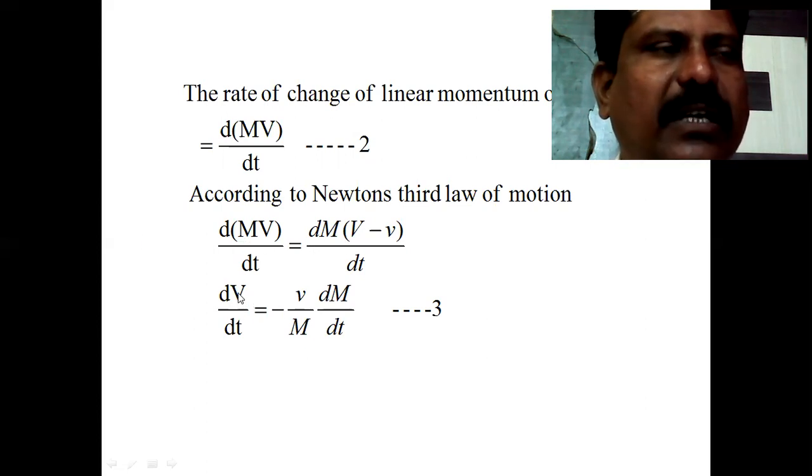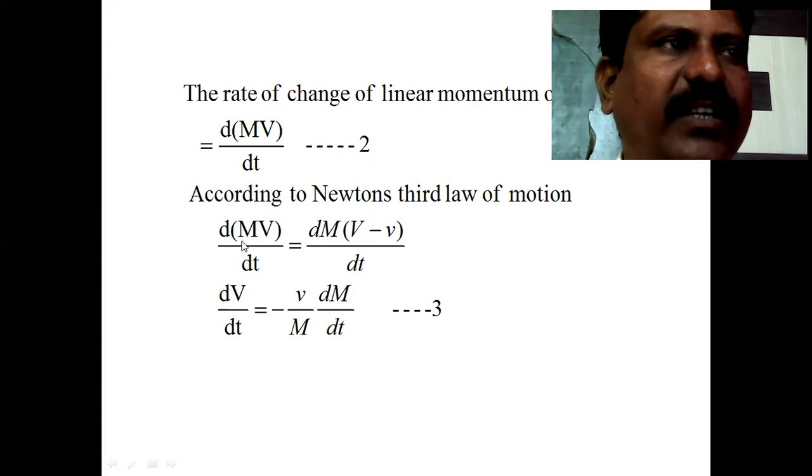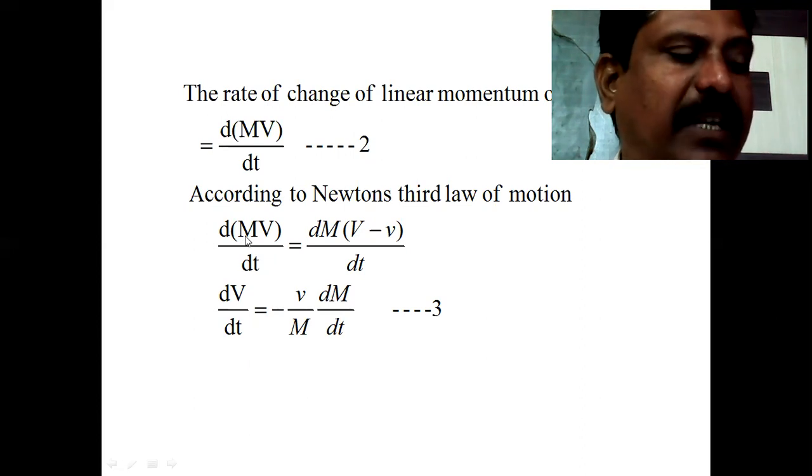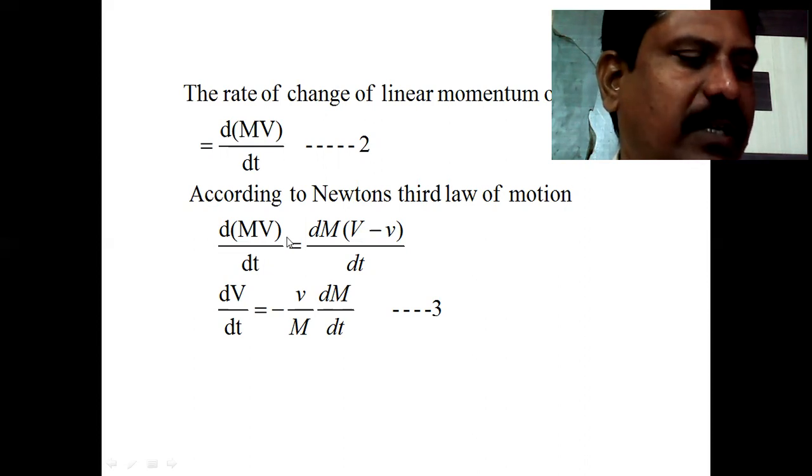On doing this you get capital M into dv by dt plus capital V into dm by dt, which equals capital V into dm by dt minus small v into dm by dt. So here we were getting some values.